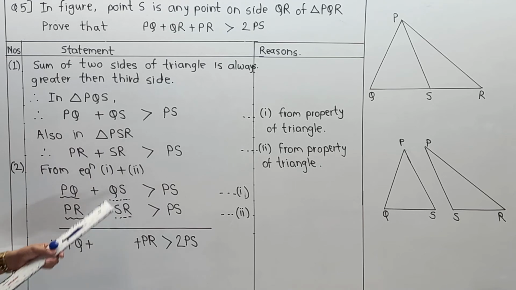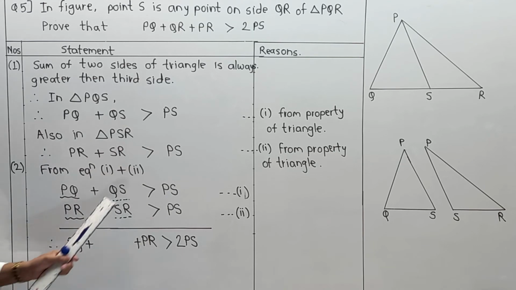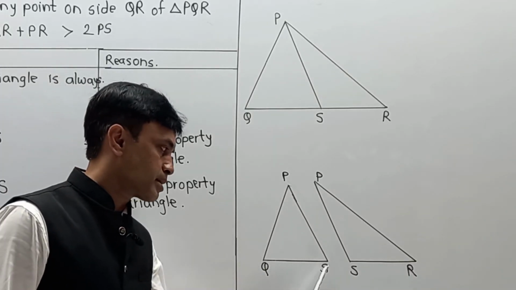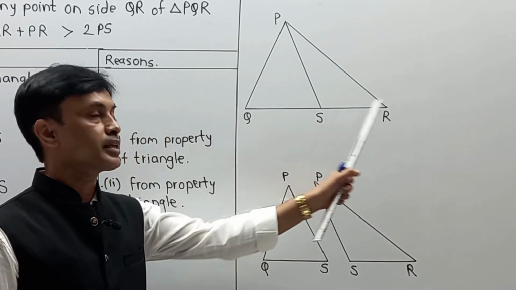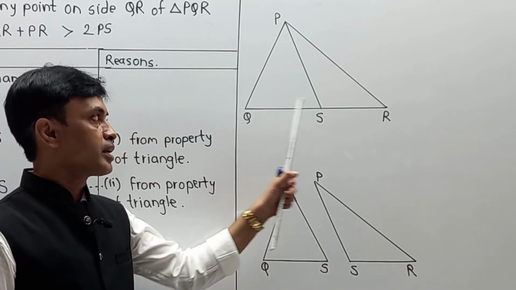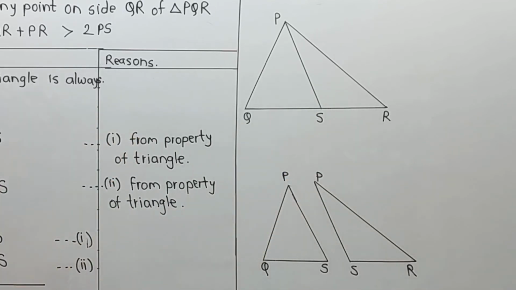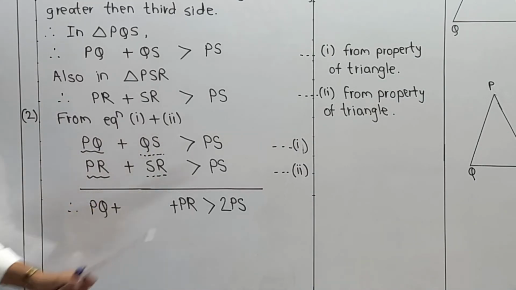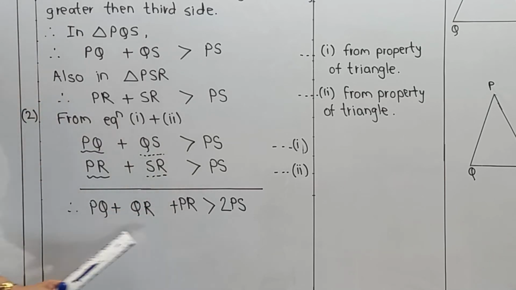Now what does it mean? I have to make the addition and write it over here, but observe the part from the diagram. QS plus SR is nothing but QR. Once again, QS plus SR is nothing but QR, and this I am going to write over here, and that is our required proof.